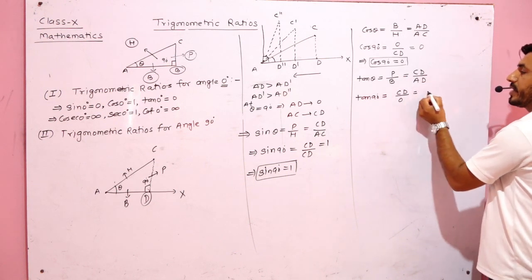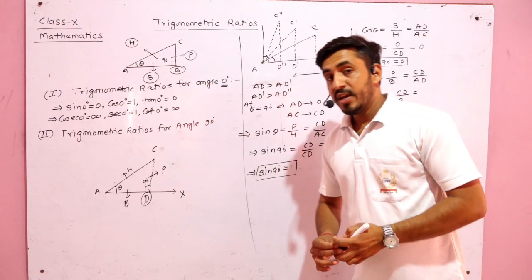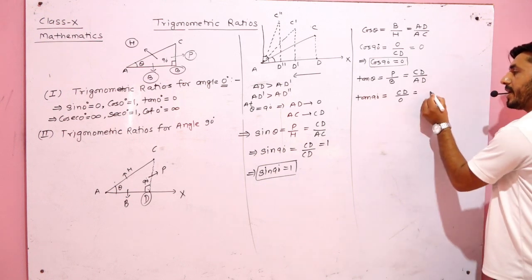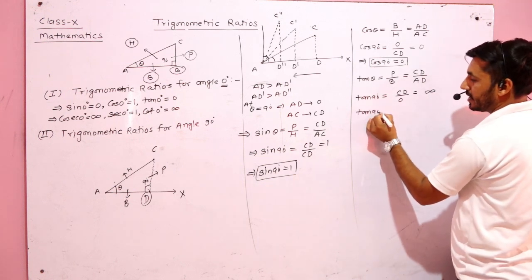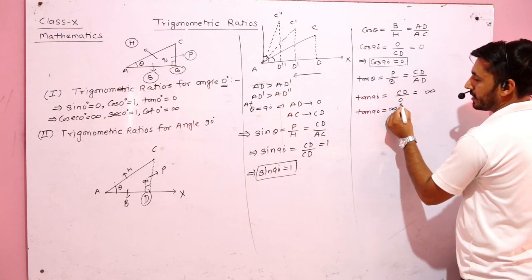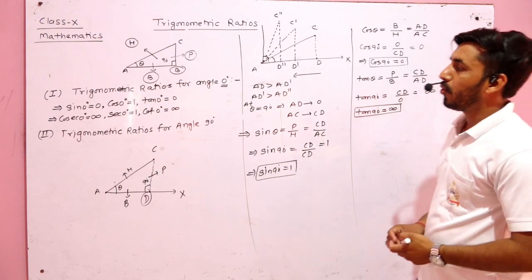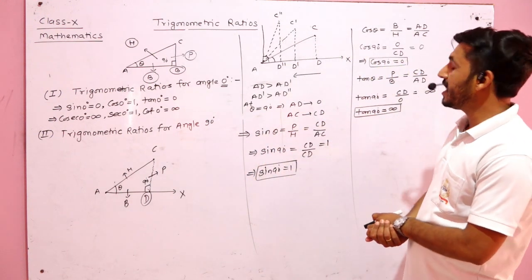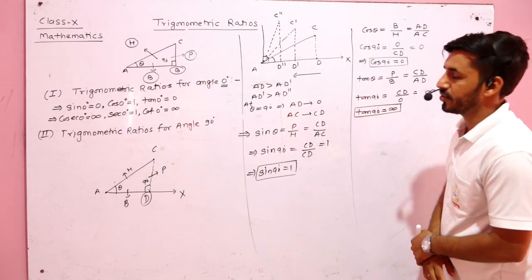If we divide any non-zero value by 0, then we will obtain infinite. Then tan 90 degree is equal to infinite. This is the third condition. And the remaining 3 trigonometric ratios we can directly get in terms of these 3 trigonometric ratios.